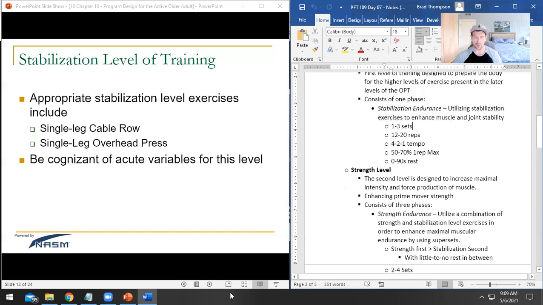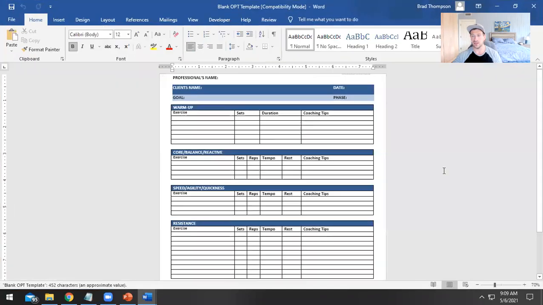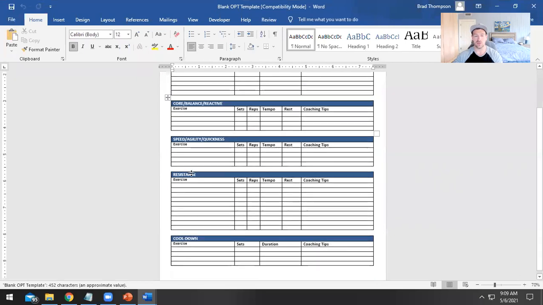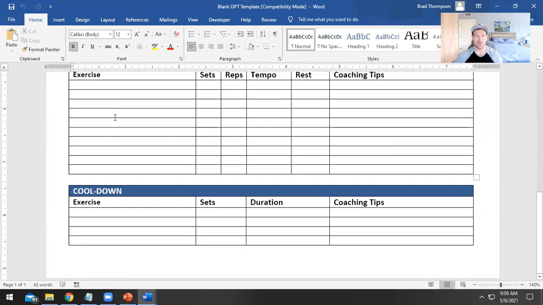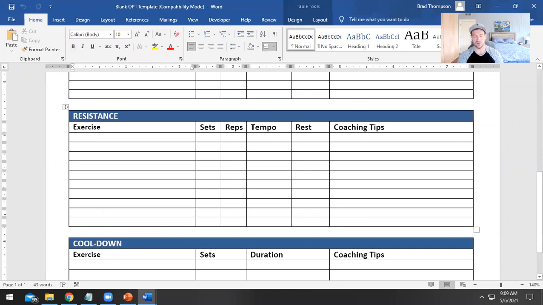Now, our acute variables for this, if we were to open up an OPT template and we wanted to plug this in, if we were down here in the resistance section, we would choose resistance stabilization exercises, right?